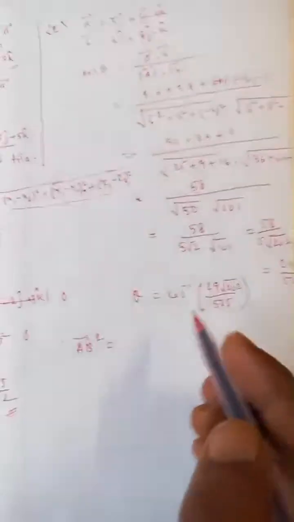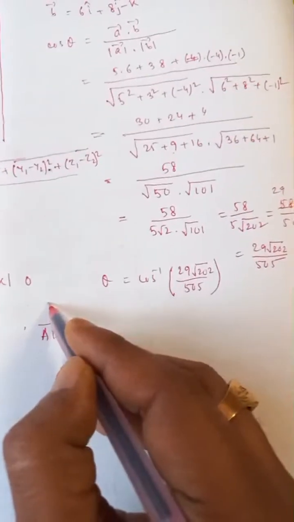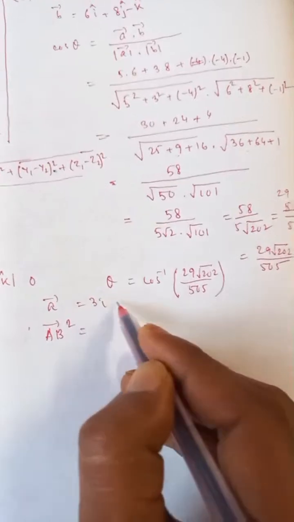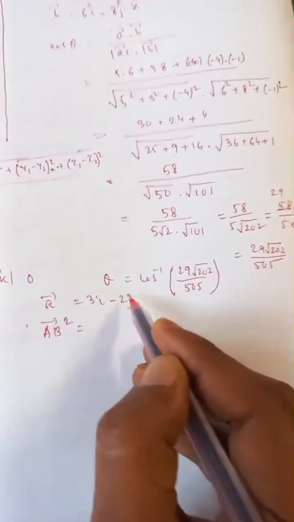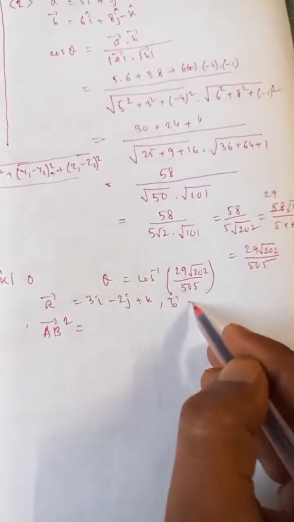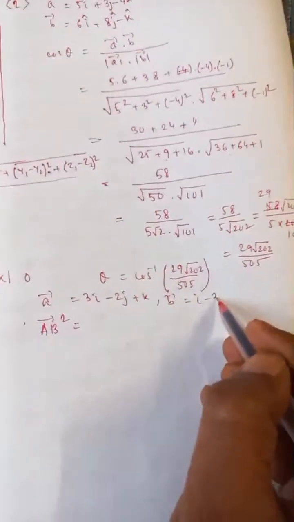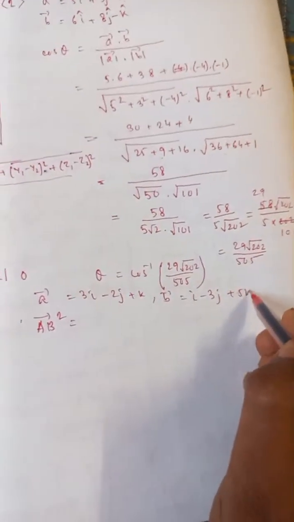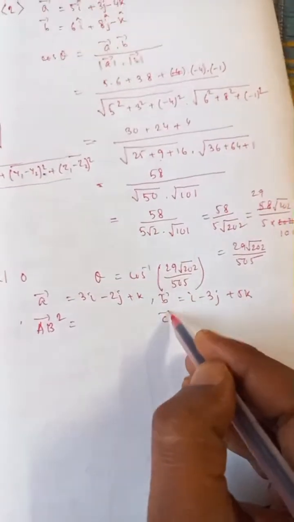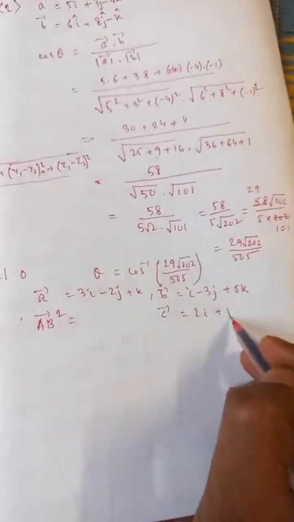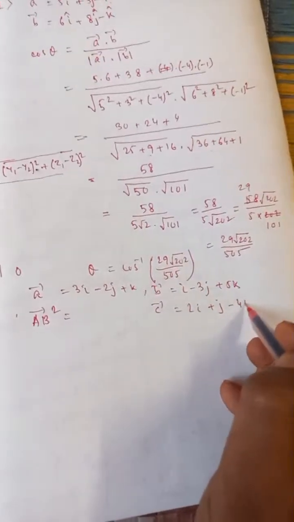I am writing here again, A vector is given 3i minus 2j plus k, B vector i minus 3j plus 5k, and C vector is 2i plus j minus 4k.